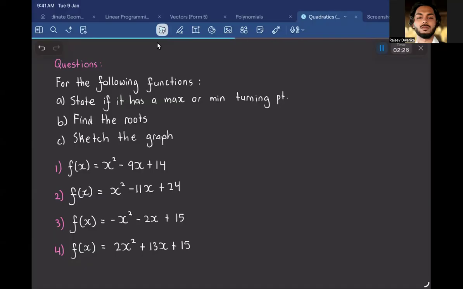All right, Avinash, did you get through the first question? Sir, I was copying down everything, sir. Okay, okay.